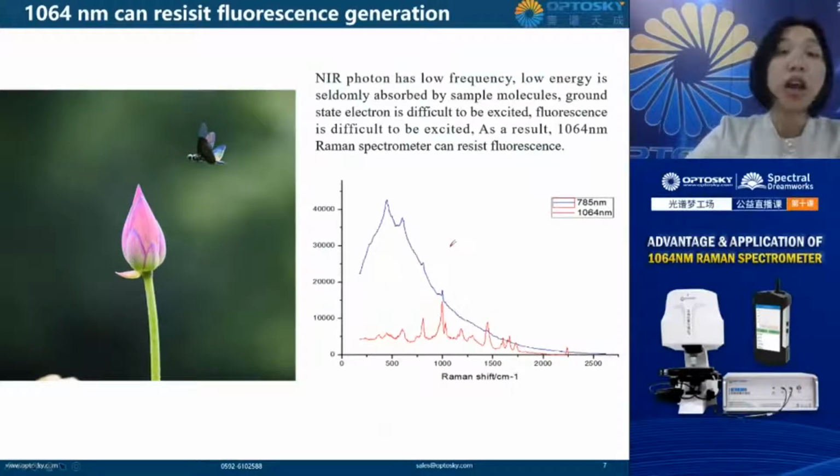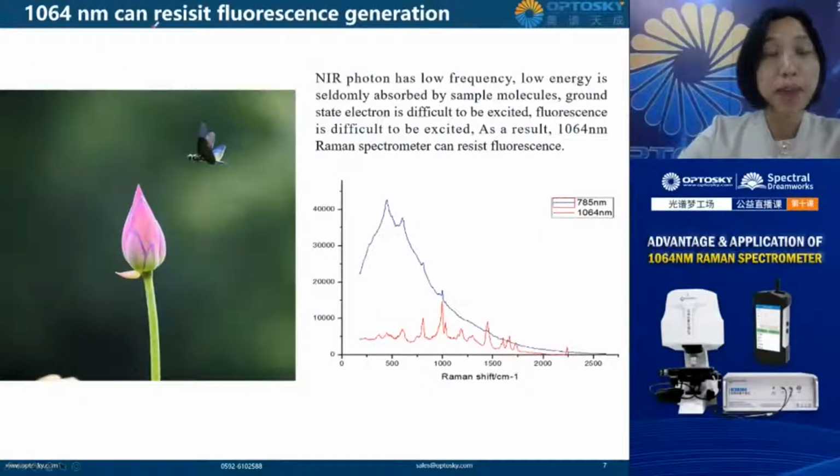And we can see that 1064 nanometer Raman spectrometers can resist fluorescence generation. The near infrared photon has low frequency, so low frequency is seldom absorbed by sample molecules. So in the ground state, the electron is difficult to excite, and fluorescence is difficult to excite.